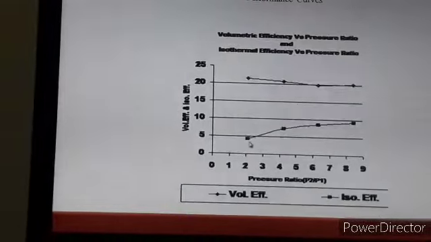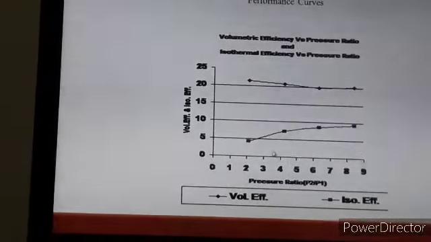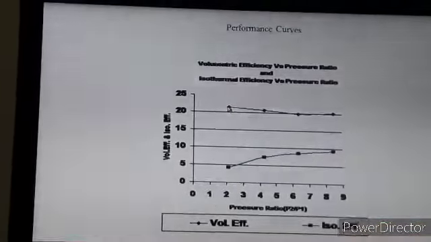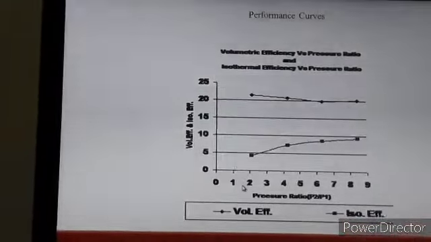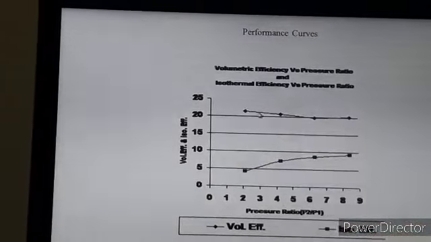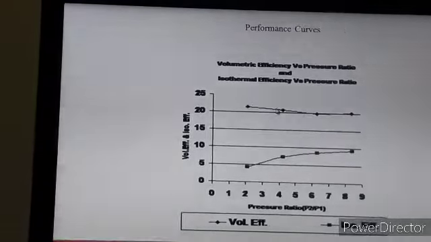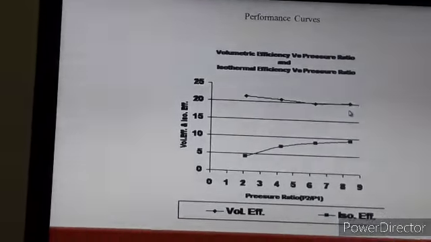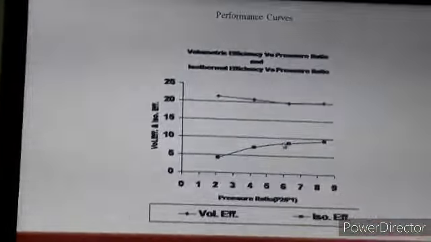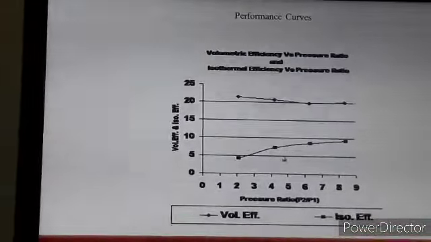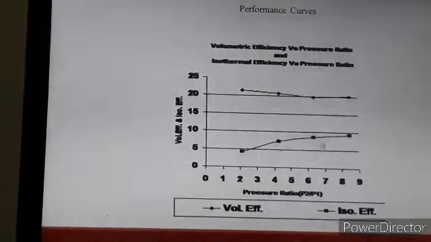So this is one more important conclusion from our today's experiment. Again, see the nature of volumetric efficiency with respect to pressure ratio. As pressure ratio increases, volumetric efficiency decreases. So these are the trends of our parameters as per today's practical.